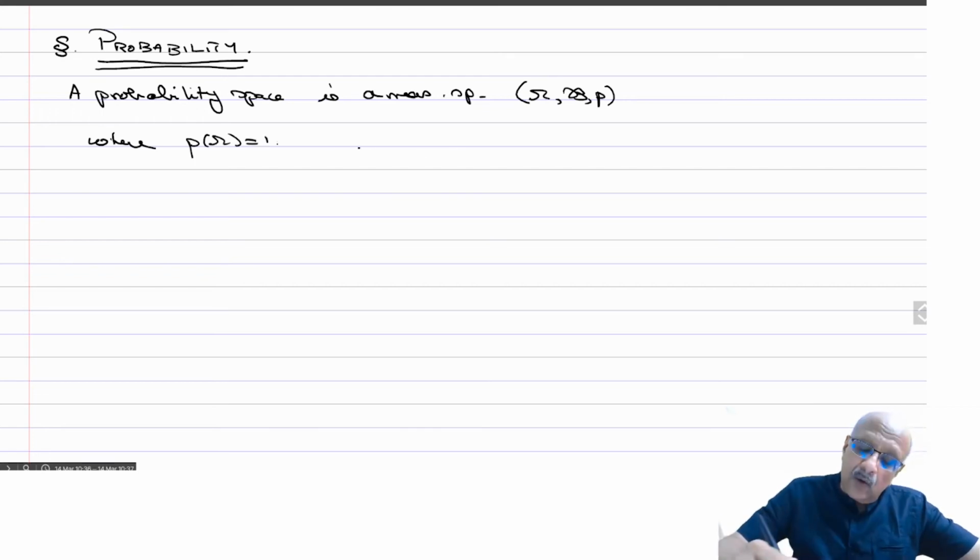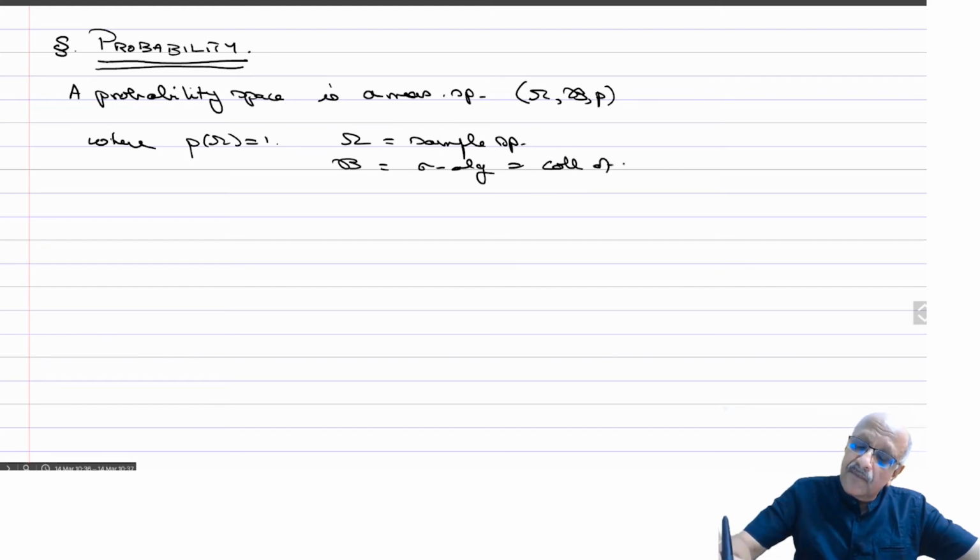Omega is called the sample space, and B, the sigma algebra, is the collection of events. If A belongs to B, then P of A equals the probability of the event A happening.